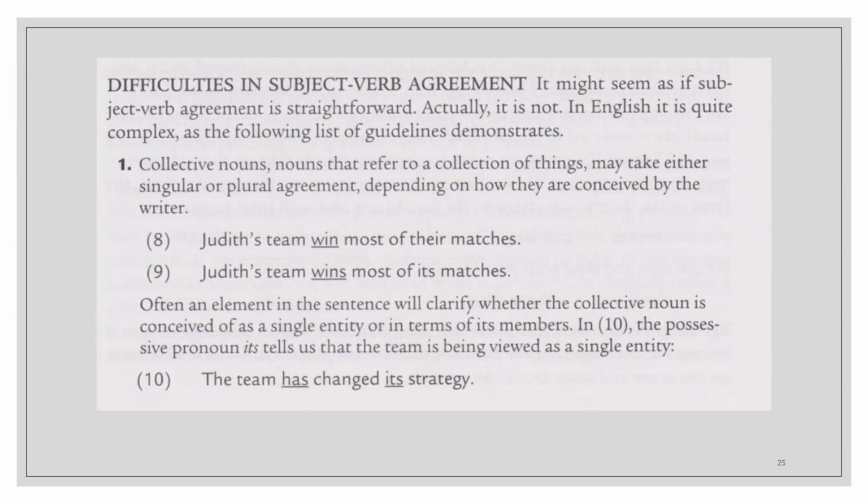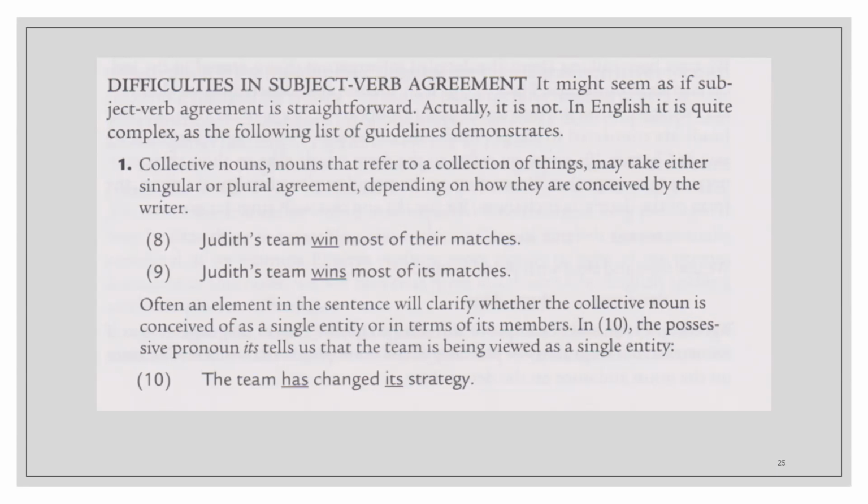Example 8 is more common in British English. Example 9 is more common in American English. But if you took every English speaker worldwide and asked them how they conceptualize this noun team, is it singular or plural? It's about 50-50.